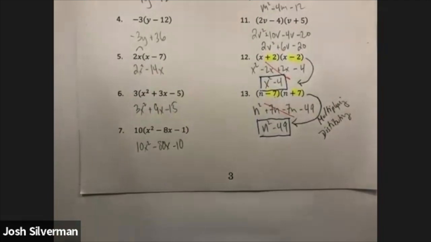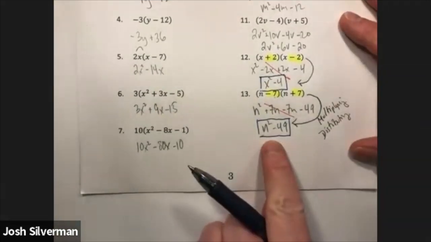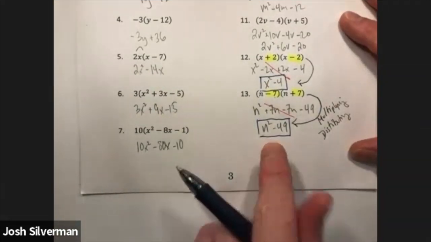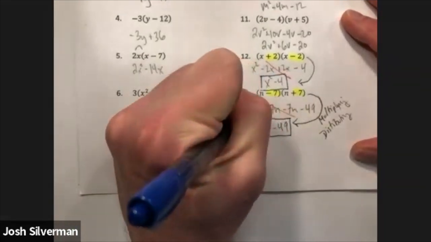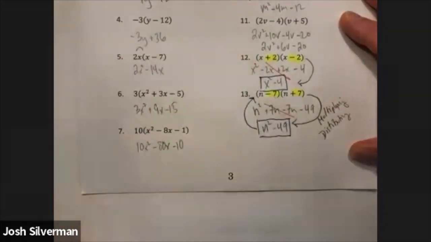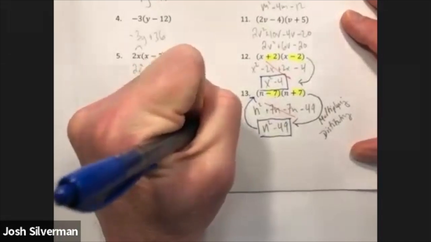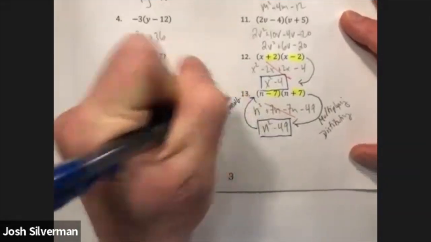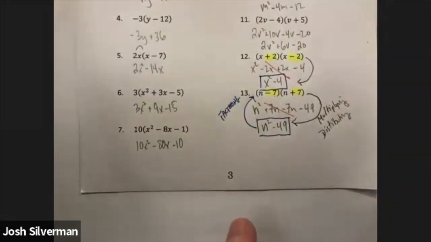But if we start with the difference of two squares and we want to know where it came from, that's factoring. Factoring is the distributive property in reverse. That's what factoring is. It's the distributive property backwards.